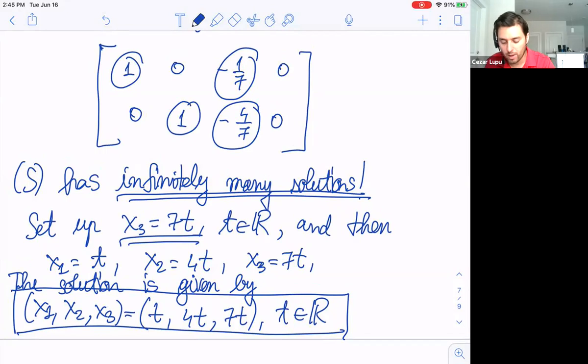And I can write x2 in terms of x3. So maybe I should set up x3 to be 7 times t, so that I can get rid of this 7 here, because it's 4 over 7. Because if I set up x3 to be 7, then I'll divide by 7 everything, and I don't want that. That's why. Is it clear now? Eduardo?